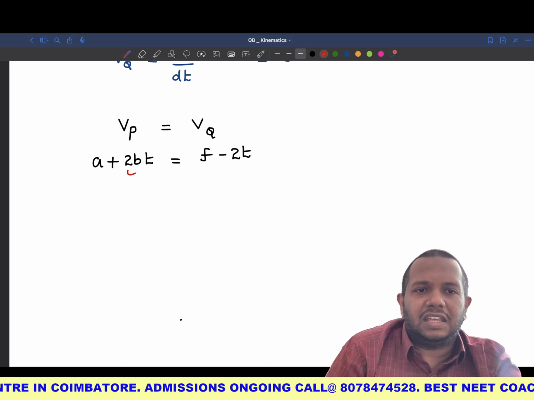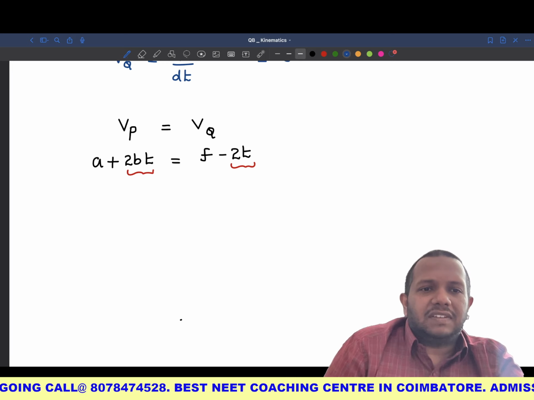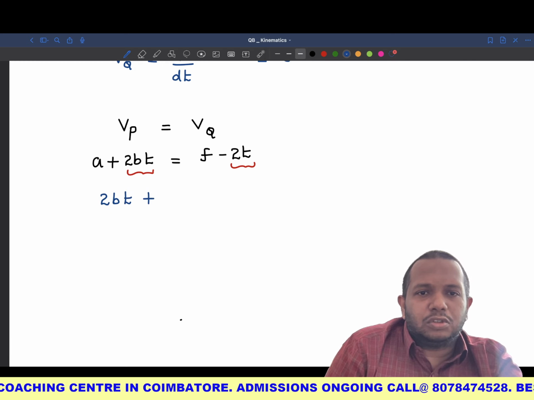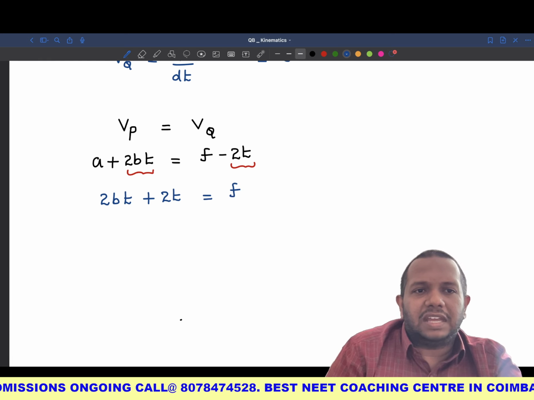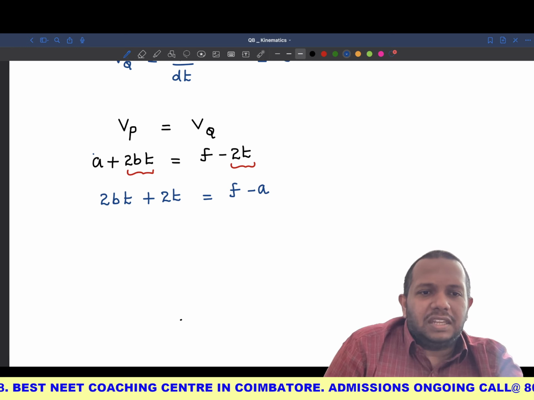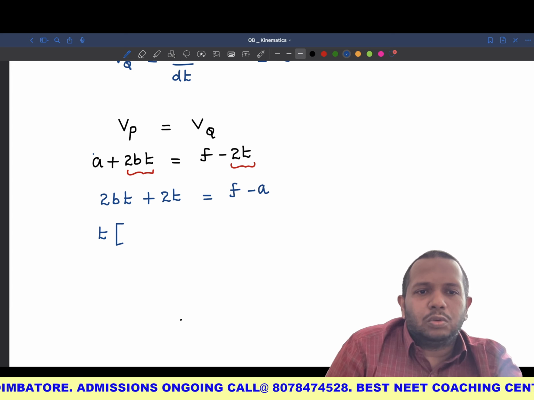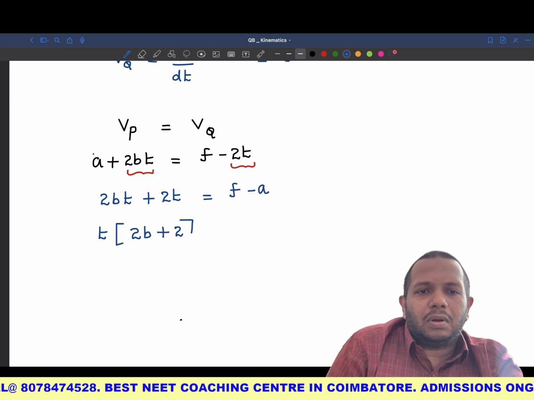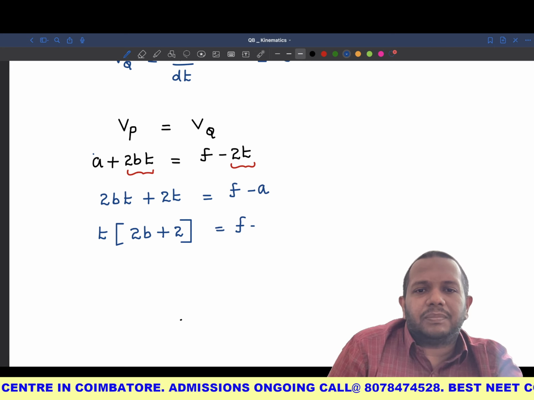So I will write it like 2bt plus 2t is equal to f, and taking the a across, this becomes f minus a. Now taking t common, I get 2b plus 2, so t into 2b plus 2 is f minus a.